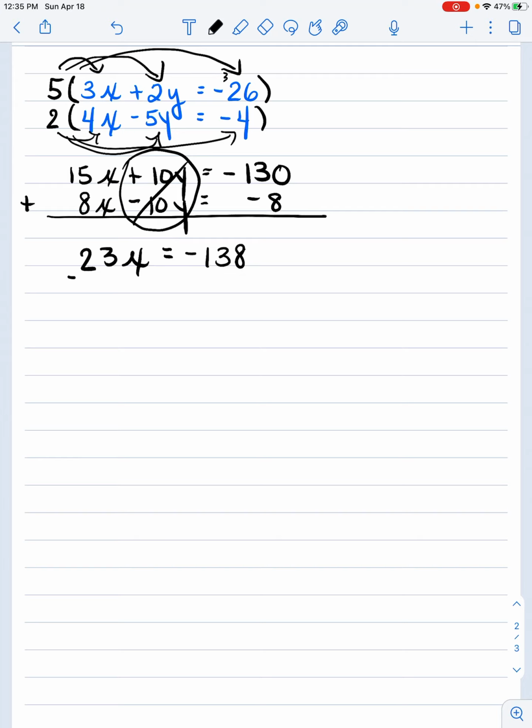Okay, and so I have to divide both sides by 23, and I'm going to use a calculator here.